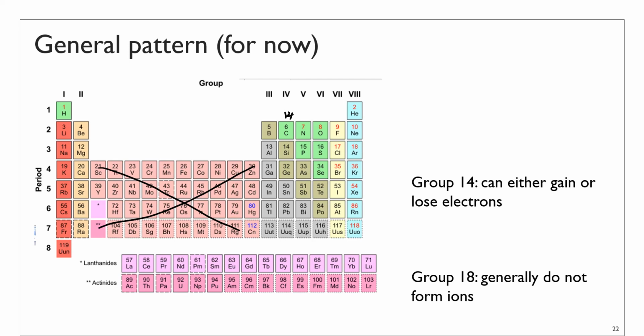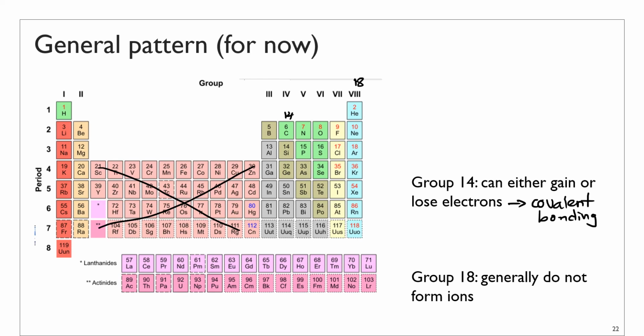So if you want to go to 8, you technically can either gain 4 or lose 4. What actually happens is that they will do neither. They will form covalent bonding instead. We'll talk about group 14 next week. So group 14 doesn't really form an ion because it can't decide whether it should gain 4 or lose 4. Now group 18 has 8 valence electrons, so it doesn't actually form ions.